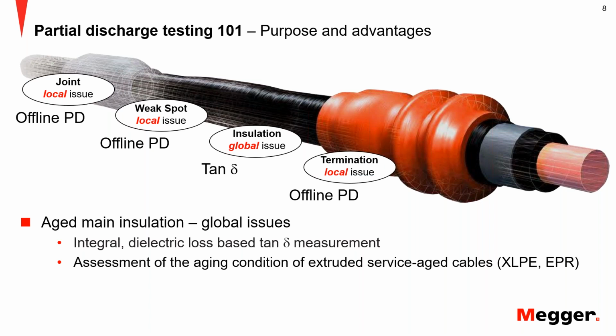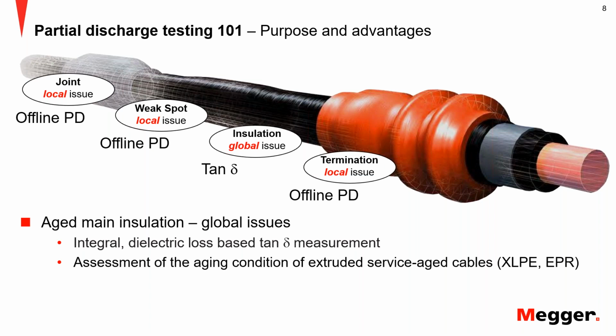So again, tan delta, it's an integral or a global measurement. That means you're measuring pretty much the average temperature of a glass of water. You cannot know if one drop of water in that glass would have a different temperature if you just let it drop into the glass. So it's integral.